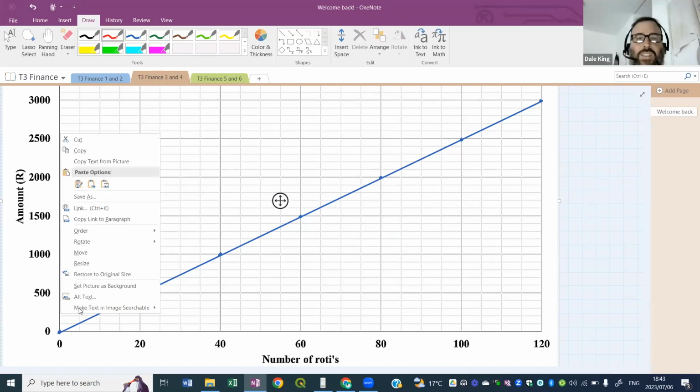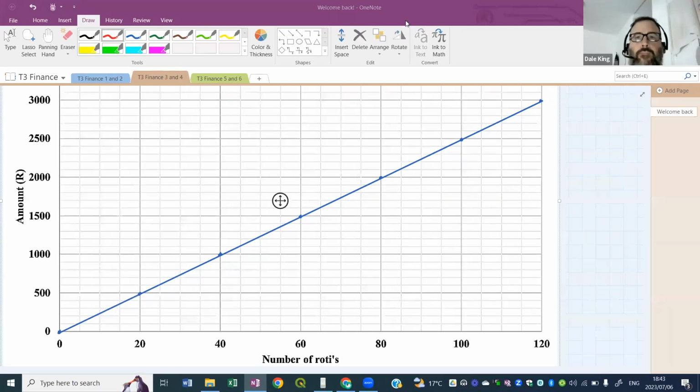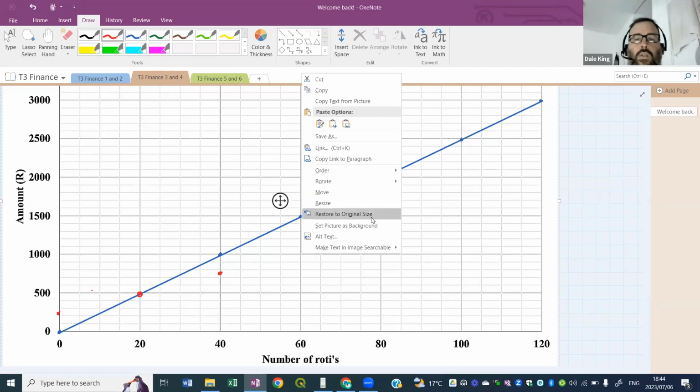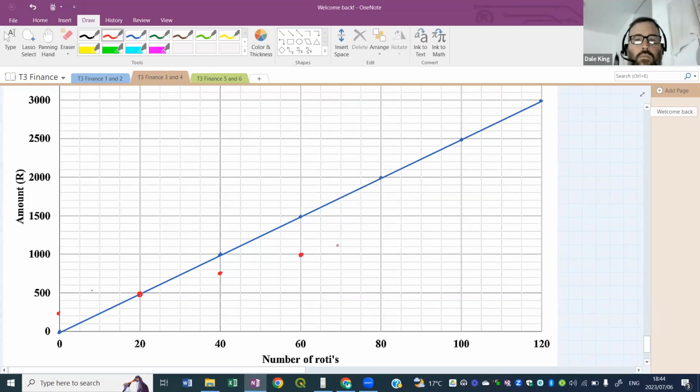For 20, 500. 40, 750. 60 is 1,000. 80, 1,250. 100, 1,500.